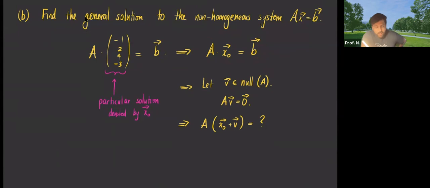It wouldn't be called the x naught space. It would be referred to as the solution space of this equation. But my question is, when I multiply A by x naught plus V, what is the result? What do I fill in here?